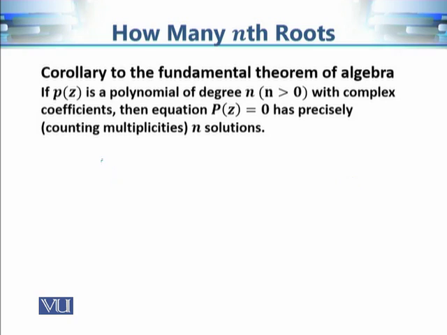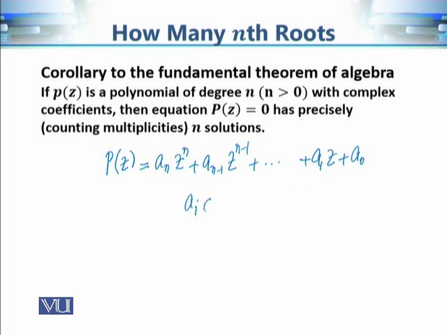Just a recall, a polynomial of degree n would be an expression of the form a_n z raised to power n plus a_(n-1) z raised to power n minus 1, and so on, plus a_1 z plus a_0. And all of these coefficients a_i are complex numbers for i equal to 0, 1, 2, up to n, and this variable z is a complex variable.